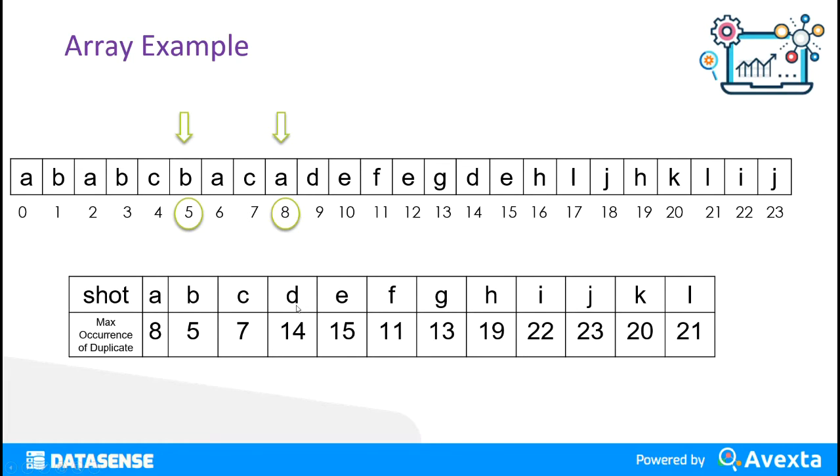When we get to D, because 14 is greater than 8, at this point we want to segment our array, which means that the first segment is going to be a count of 9. So 1, 2, 3, 4, 5, 6, 7, 8, 9.